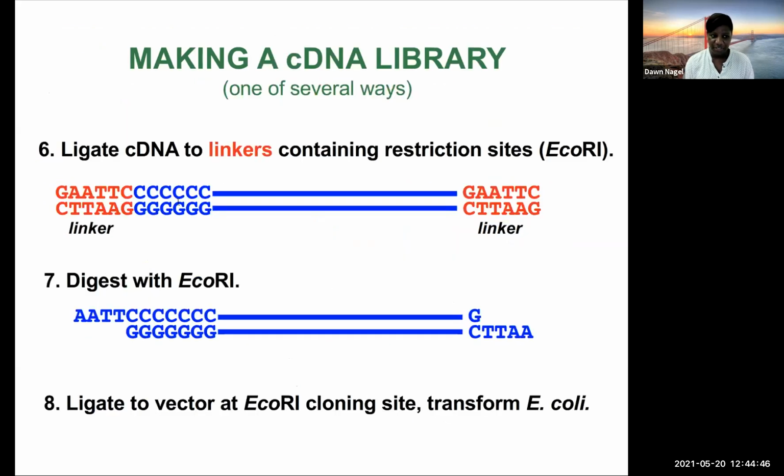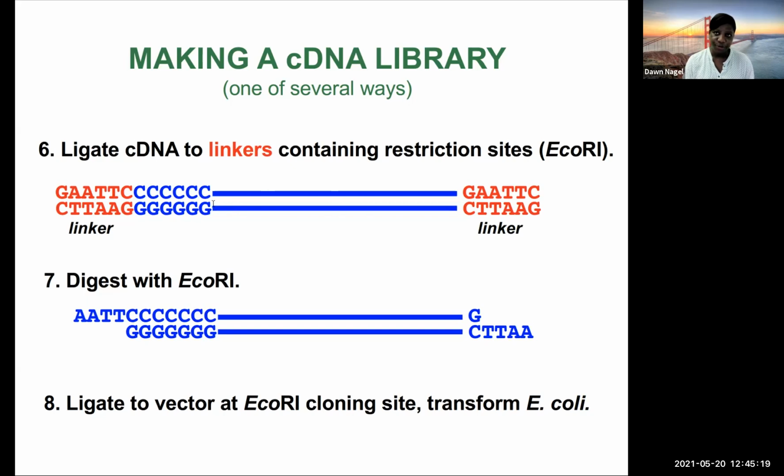Once you have your double-stranded cDNA, depending on what you want to do, you can add linkers, which are restriction enzyme sites, to the end of this molecule. These linkers need to be added after you make this double-stranded DNA molecule.